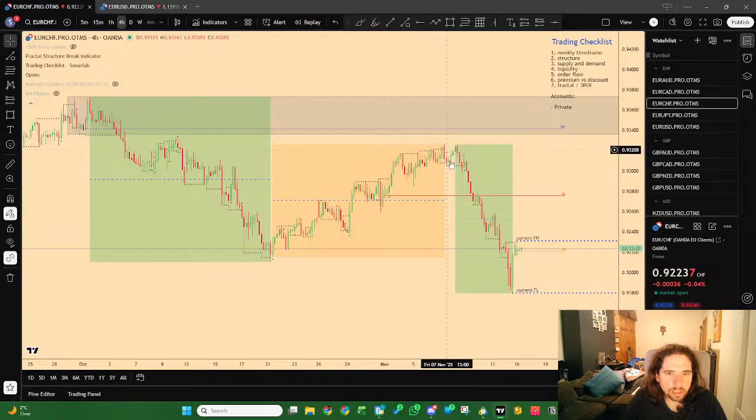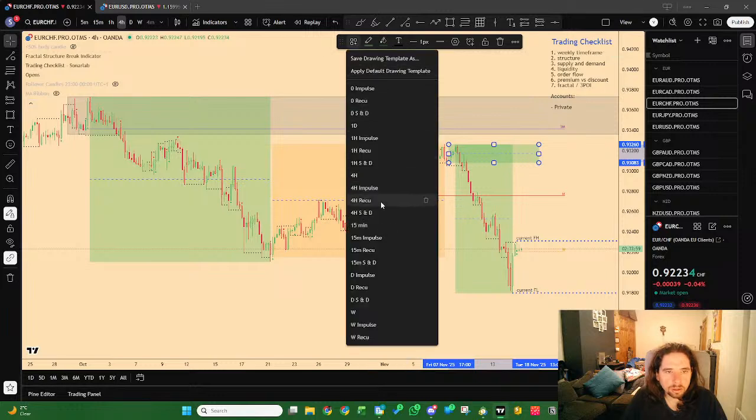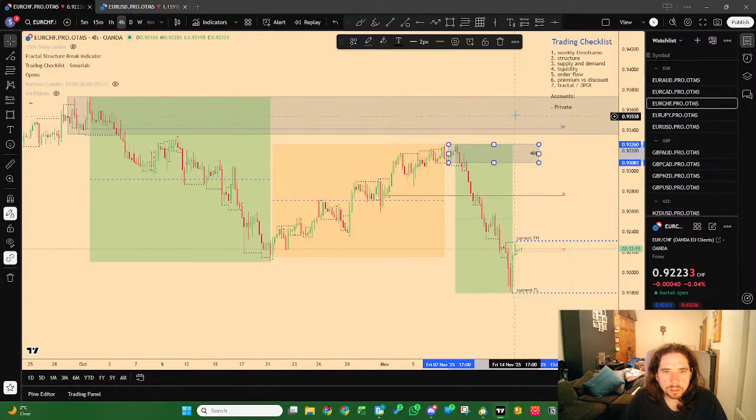We had a change of character there, then we had a change of character there, and so if we had our entry model, the pullback phase was here. So if we had that 4 minus demand. Okay, so we had our entry model.